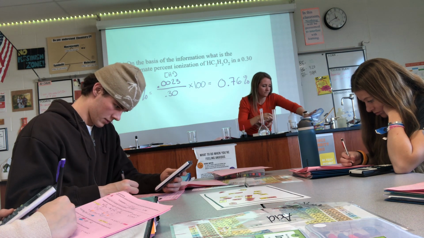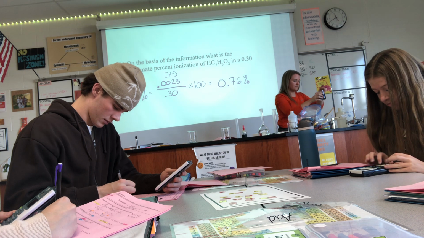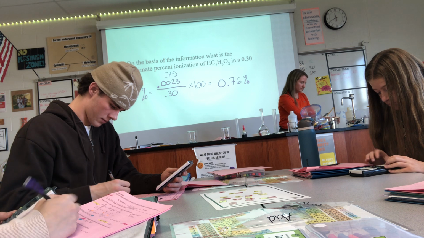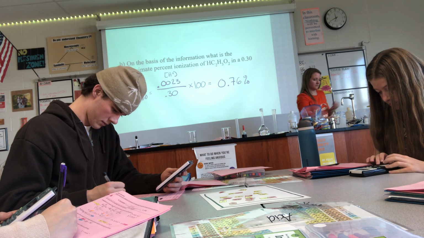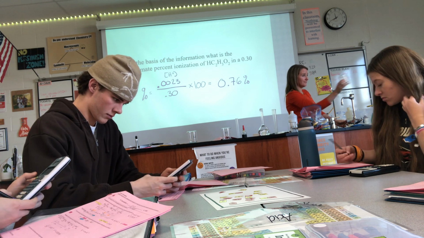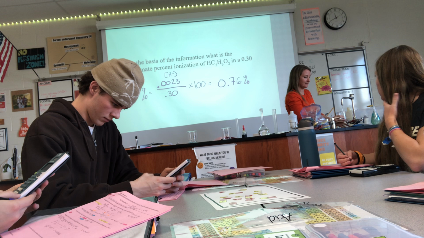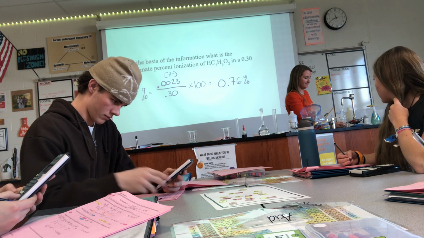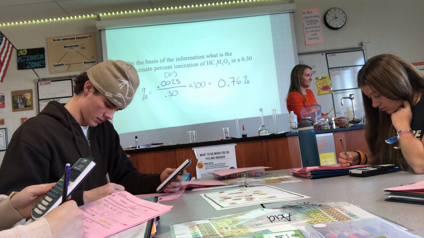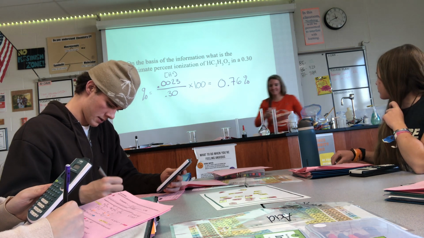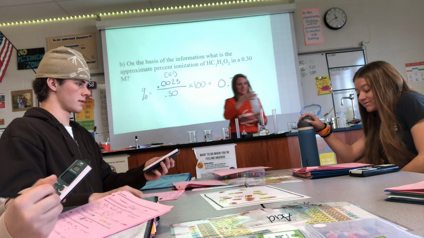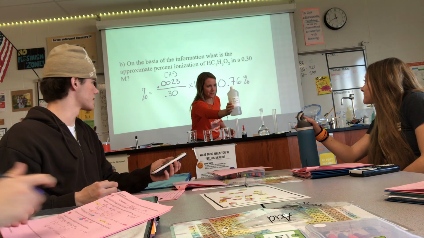You guys get 2.68? For the ionization amount? I haven't checked it. It says it could be water, and I'm just putting water in it. It's not water, it says sodium hydroxide, right?